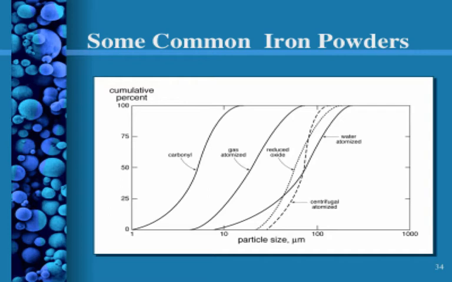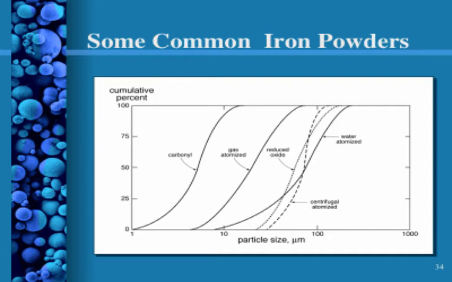So going back to the different types of iron powders that we saw, starting from water atomized, gas atomized, carbonyl iron, centrifugal atomized, you can see that different synthesis methods are giving quantitatively very different distributions.